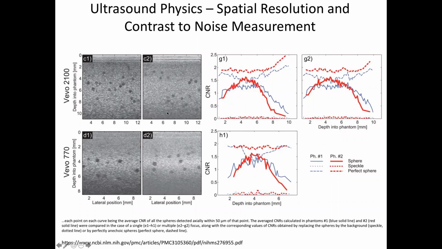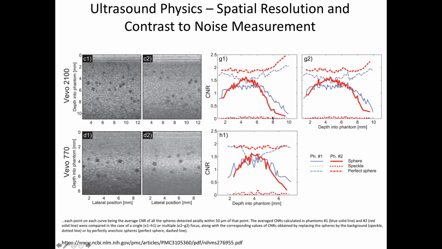But as you go to, so here we are with depth in millimeters. So we're obviously working at high frequency, high resolution ultrasound, because this whole thing is 1 centimeter. So this is probably a transducer that you would put on something to make a very high resolution picture. Now the reason I picked this graph is because here is the contrast to noise of the object as a function of depth.